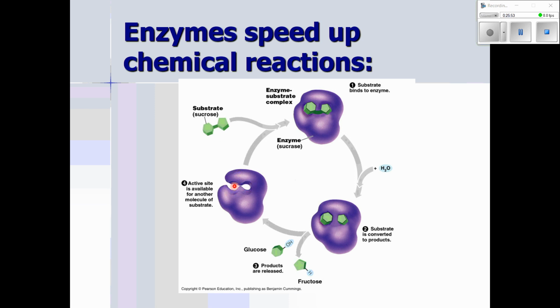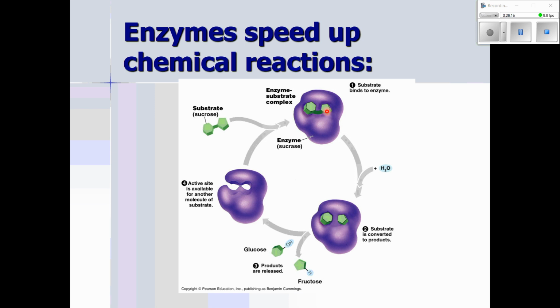That empty space with the exactly perfect shape is called the active site. The molecule that binds to the active site is called the substrate. So notice how perfectly that substrate fits into the active site of this sucrase enzyme.